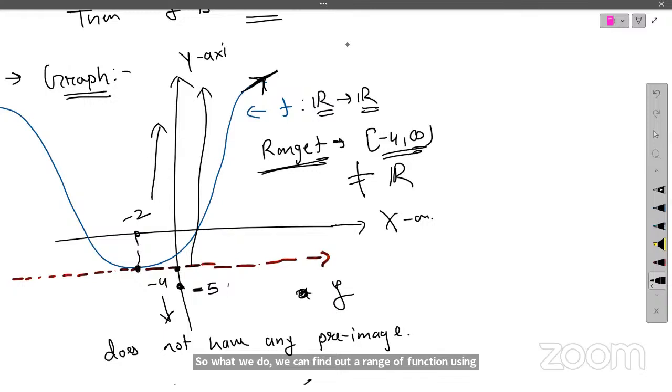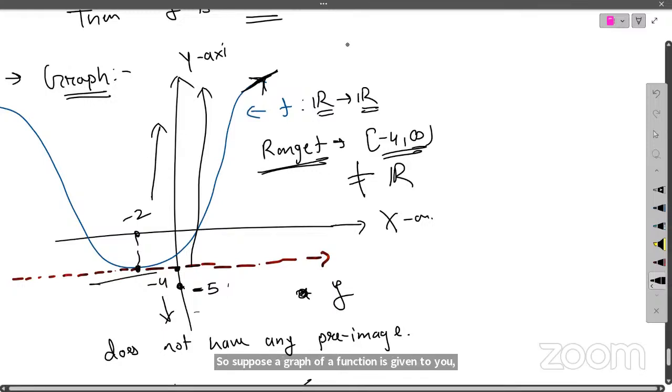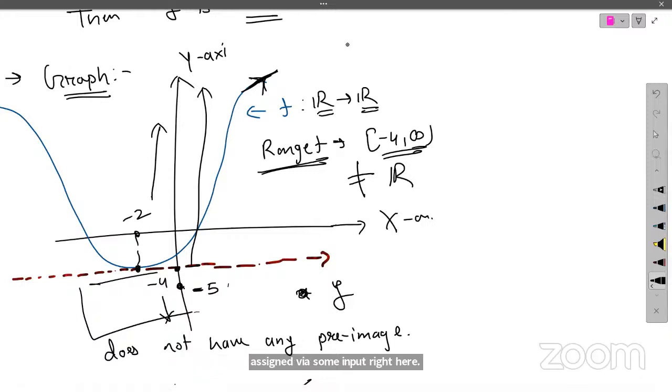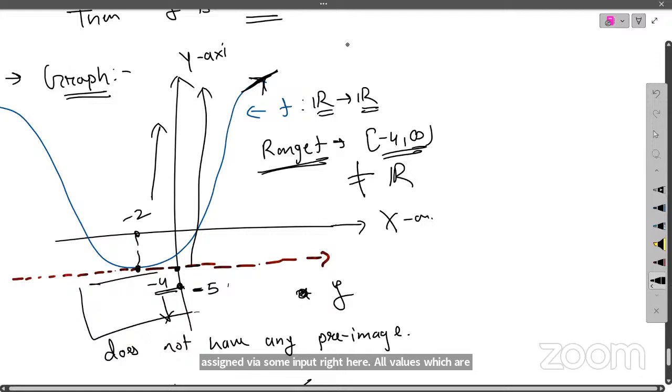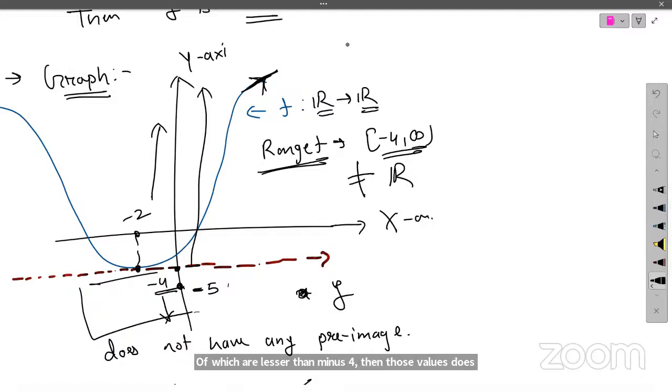Suppose a graph of a function is given to you, then you have to observe what values of y are not being assigned via some input. Here all values lesser than -4 do not have any preimage or are not related to any input. So they are not mapped by the function, and that's why they are not in our range. So here our range is -4 to infinity.